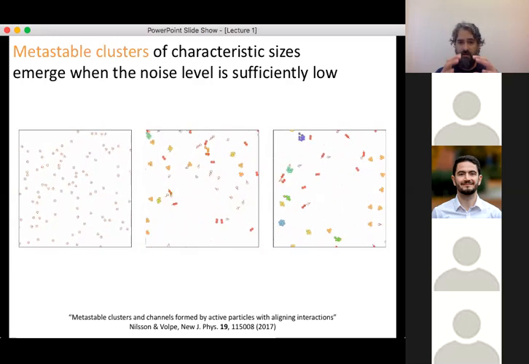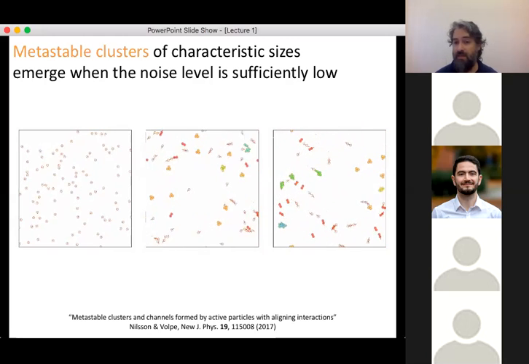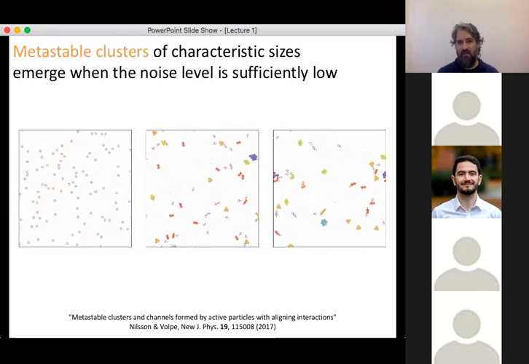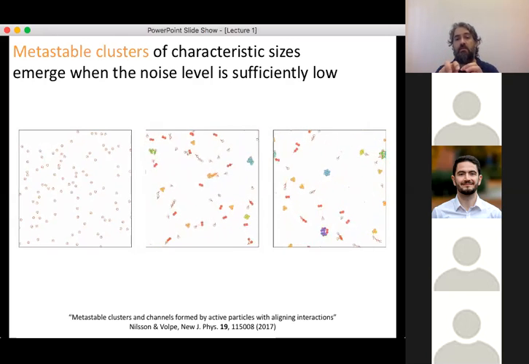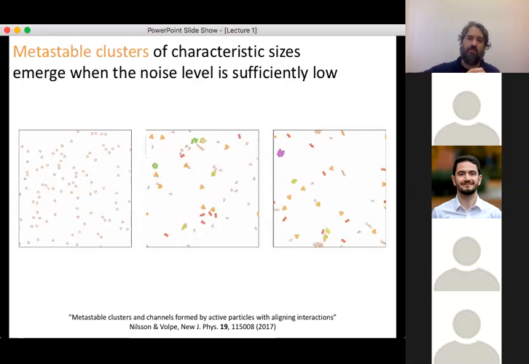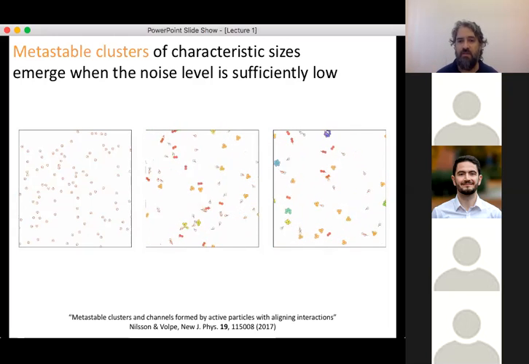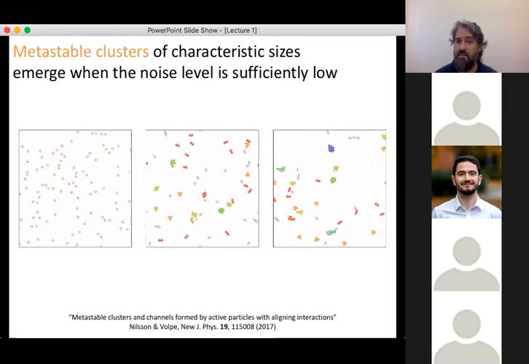So we can create large clusters, up to 6, 7, 8 particles, which are metastable, which practically means that they last for a while. Why don't they last forever? Well, because there is rotational Brownian motion, and sooner or later the particles will leave the cluster. Also, some other particle can come from somewhere else, come to the cluster and destroy it, as you see happening in this video.